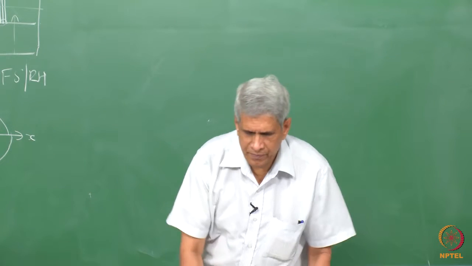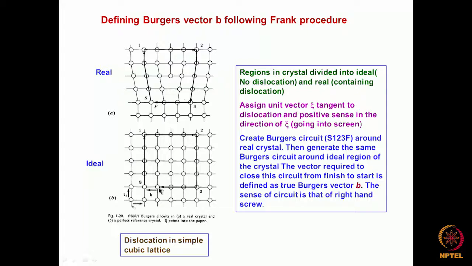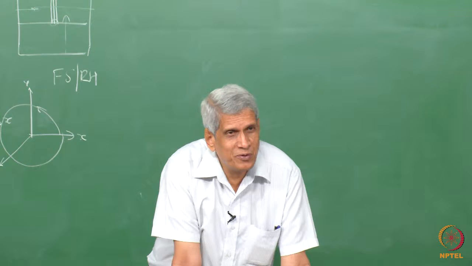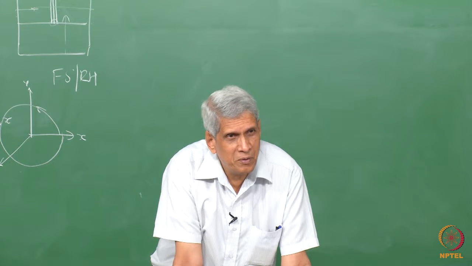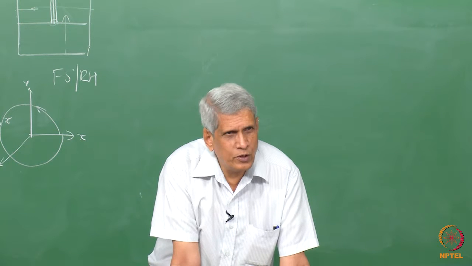Then one will find that the finish will come here, start will come here. That sign changes, it becomes positive. Both the conventions are being used by different people. One has to always define the convention and use it accordingly.